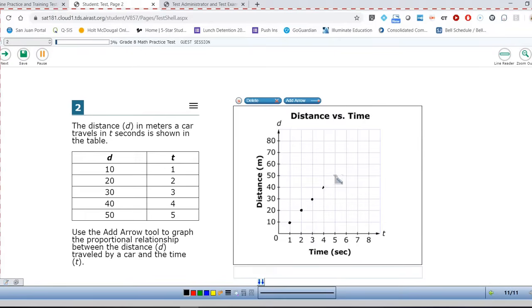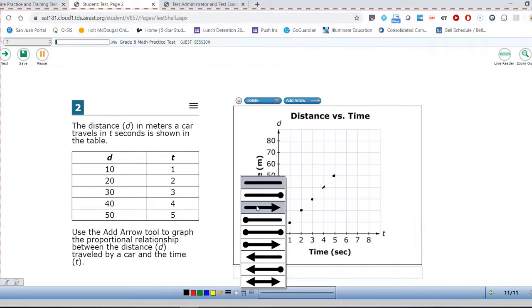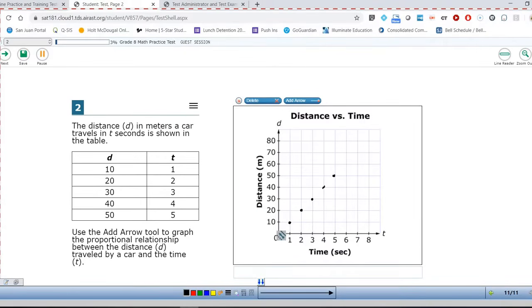And you can see it's a linear relationship that is also proportional, because if I connect these with a line, it's going to pass through 0, 0. So we have a linear relationship that passes through the origin. So that means it is proportional.